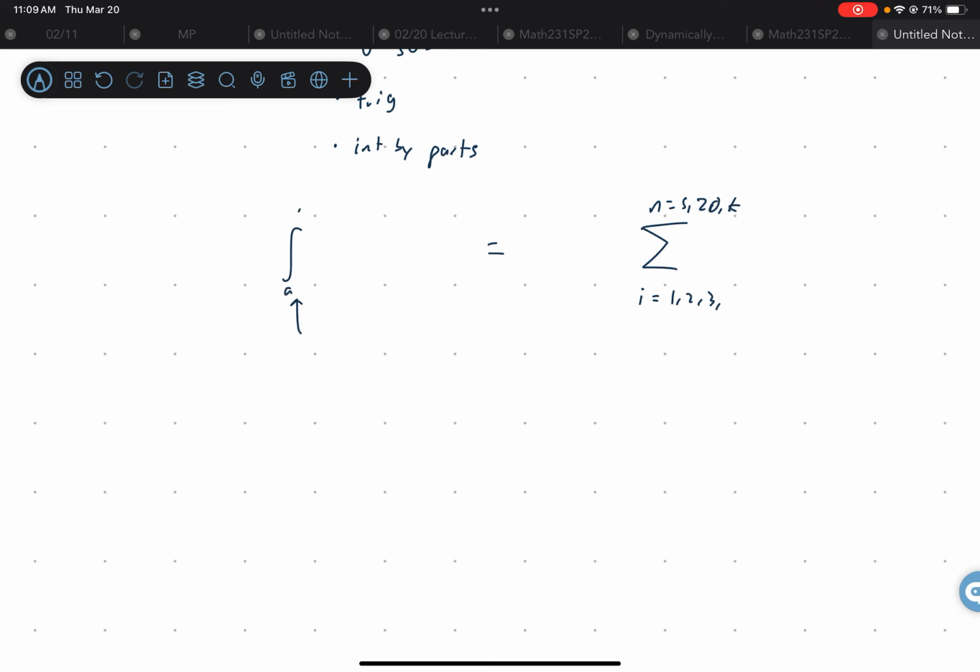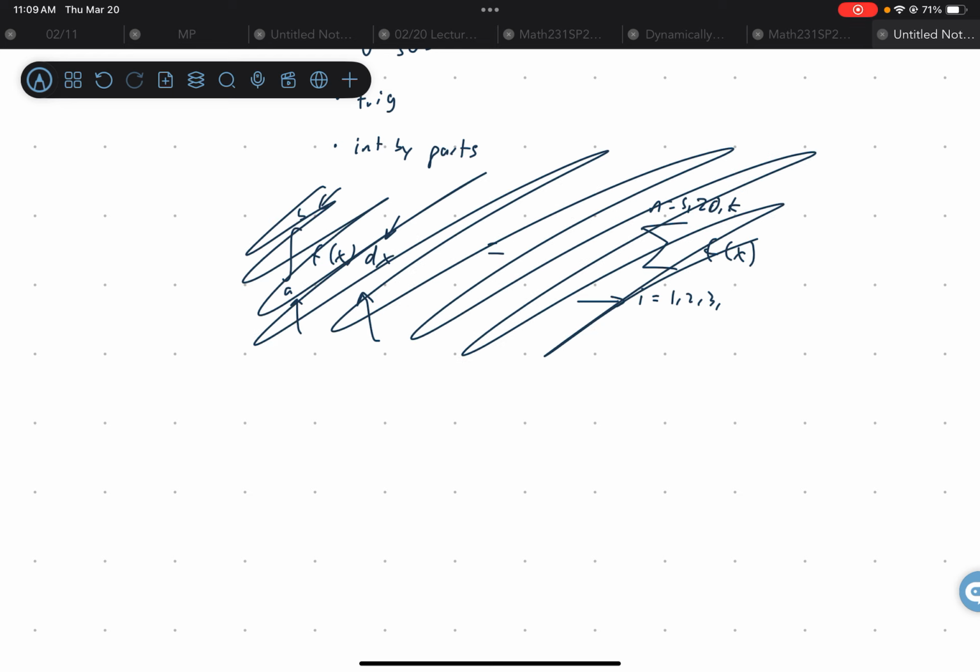So you have two bounds, a and b, and then you have an infinite summation. That's what the dx is. So here in sigma you sum f of x, but here you sum f of x dx, and this dx is an infinitely small iteration of f of x. It's like i, but infinitely small, and goes up to whatever b is. But the point is, integrals are basically infinite sums.